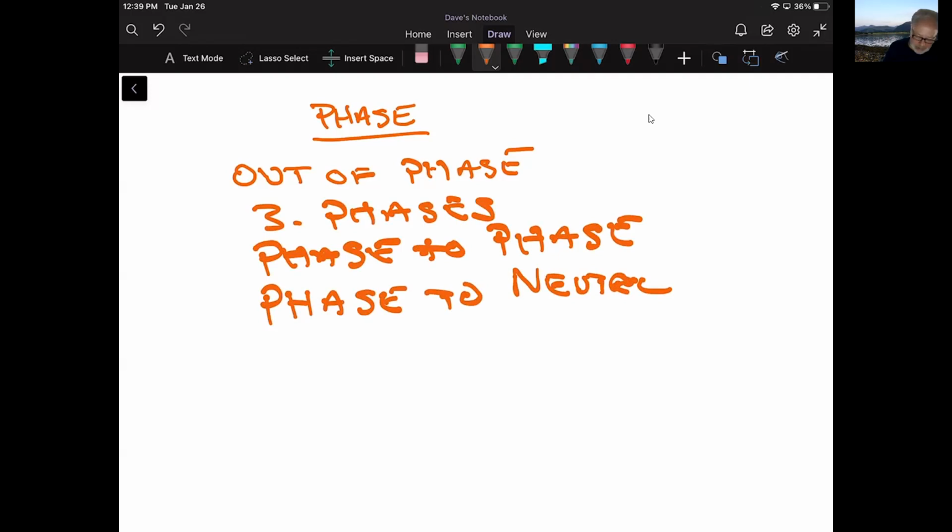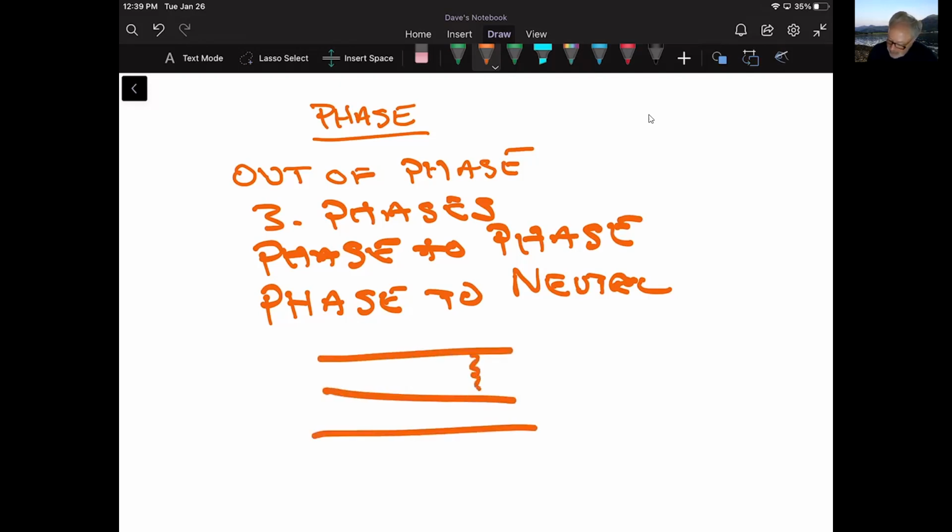A burned out phase refers to a damaged three-phase generator. There are also three-phase currents, phase shift transformer, and phase-to-phase fault. The phase-to-phase fault would be between, say, the three phases, where there was some sort of fault, and that occurs sometimes with power lines, where a branch might drop across and short out between phases.